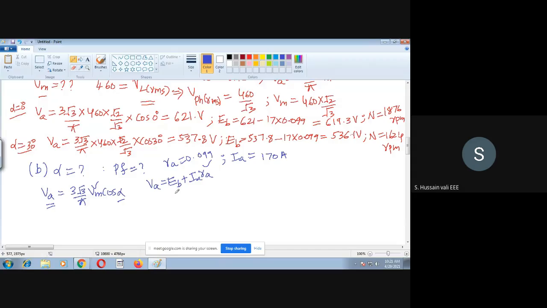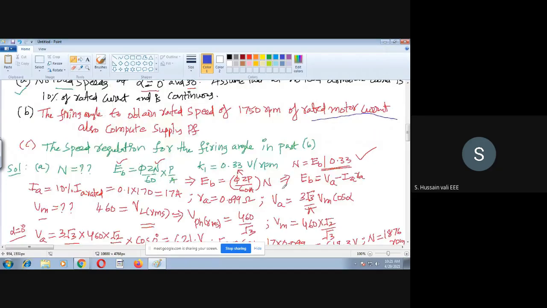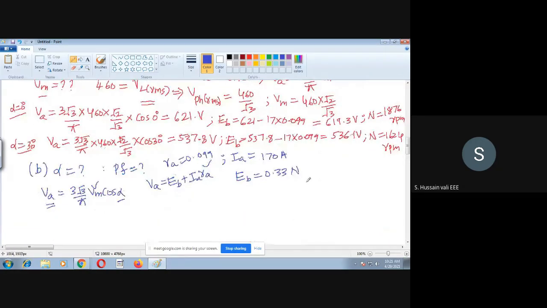How to find Eb? We have an equation for Eb. Just now we have seen that Eb is equal to 0.33 into N. Just check whether this equation is correct. Yes, Eb is equal to 0.33 N. So we will substitute directly here.